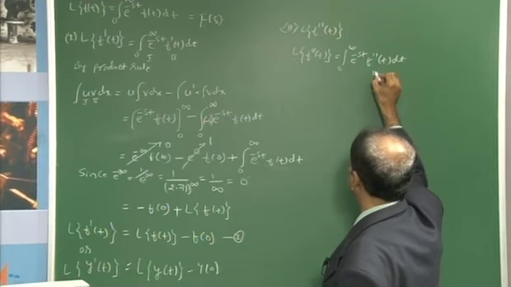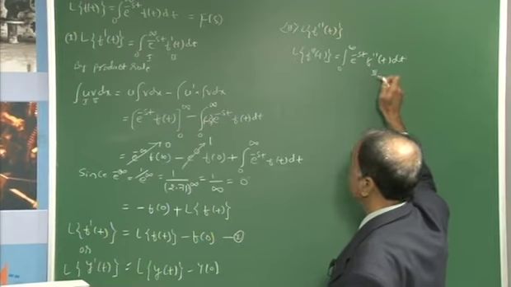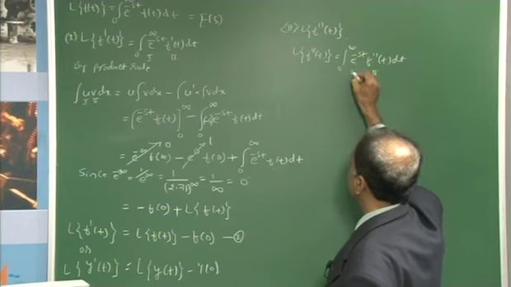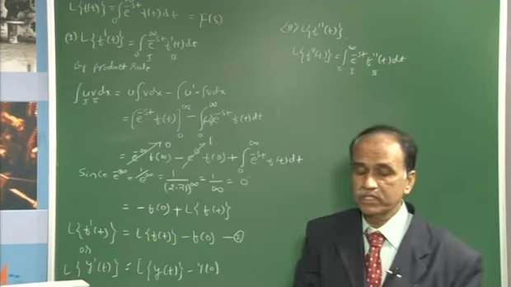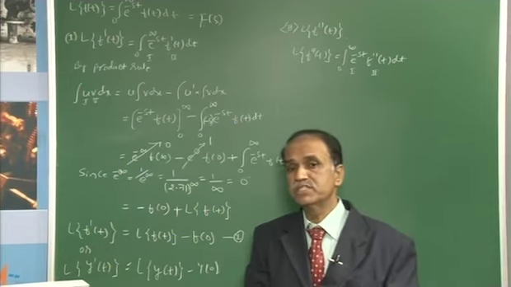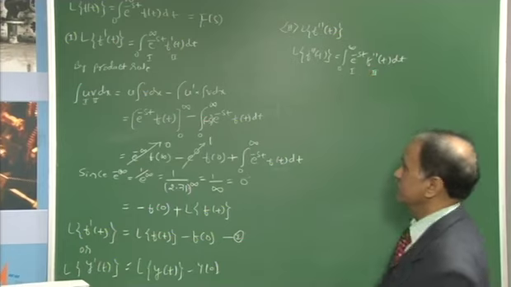The differentiation is to be taken for integration, because to remove the derivative it is possible only by integration. Then the first term, the exponential term, is to be selected as the first function, and this is to be taken as the second function.